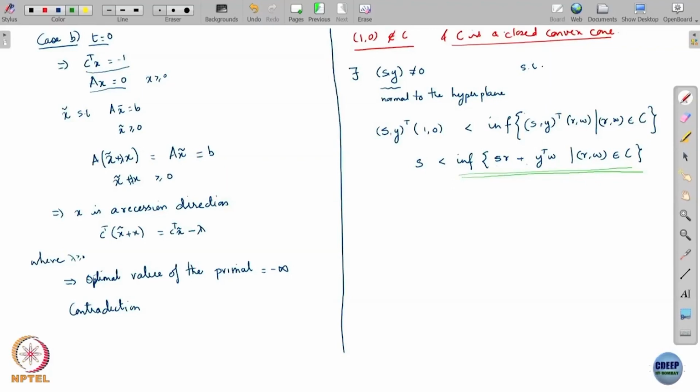And the point in the cone is (r, w). (r, w) ranges in this cone. So, what can you say about the infimum here? Let's suppose, can it be a positive value? Can it be 5, 3, 1.5?